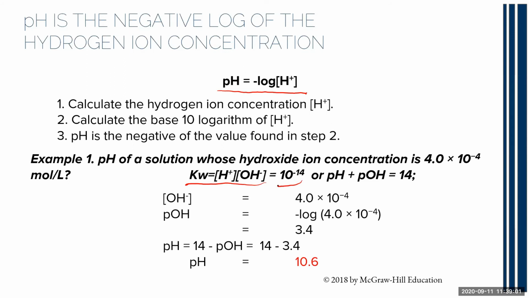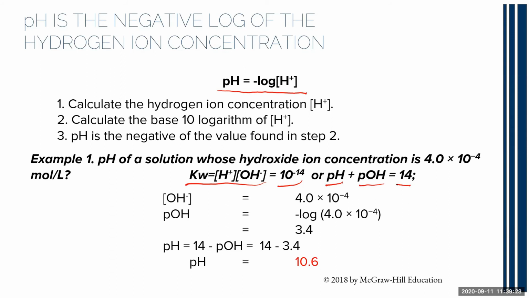So if you change it to the negative logarithm, we can actually have the negative logarithm of hydrogen ion plus the negative logarithm of the hydroxide ion is equivalent to 14. P means negative logarithm of.